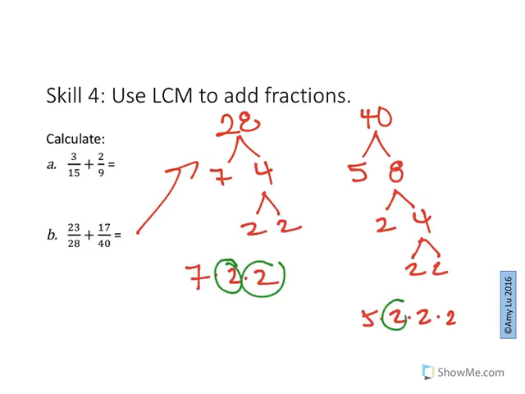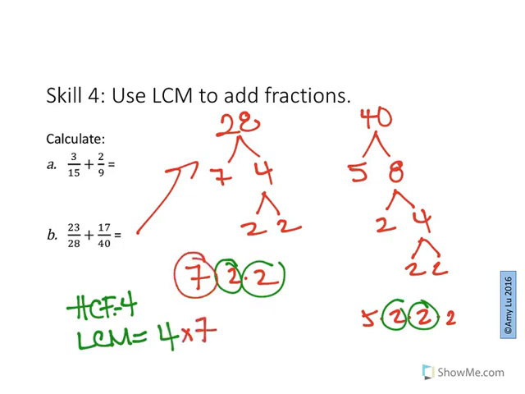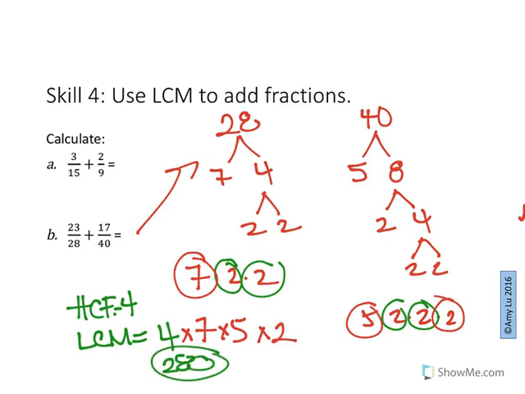They have two 2's in common, meaning their highest common factor is 4, but to find the lowest common multiple, take the 4 and multiply it by all that's left over, the 7, the 5, the 2. And that makes 280. So the lowest common multiple, which means the denominator I want on the bottom, will be 280.